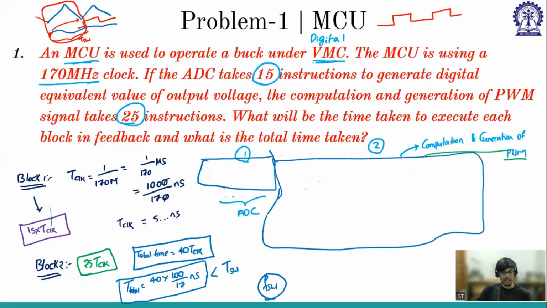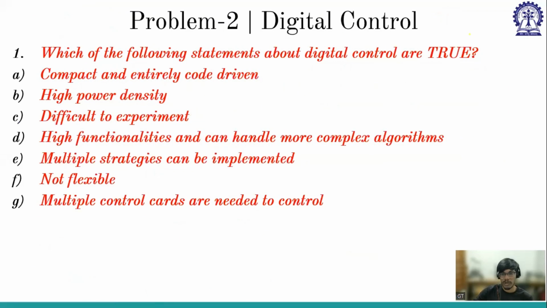Okay. So this is problem one. In problem two, we have some statements about digital control, and I'm asking which of them are true. Digital controller, or microcontroller: it is compact and entirely code driven. Is this true? Yes, sir.